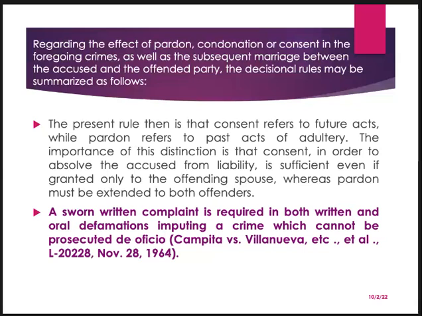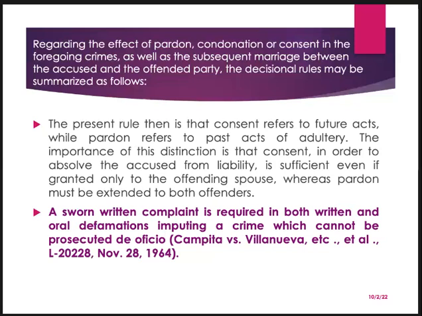Offenses sa adultery, concubinage, seduction, abduction, and acts of lasciviousness. So kung pakauwawan ka, gumikan kay kuno, nangabit ka, or nikocommit ka og seduction or abduction or acts of lasciviousness, that kind of defamation cannot be prosecuted de officio, okay? It has to be in a form of sworn written complaint filed by the offended party, okay?